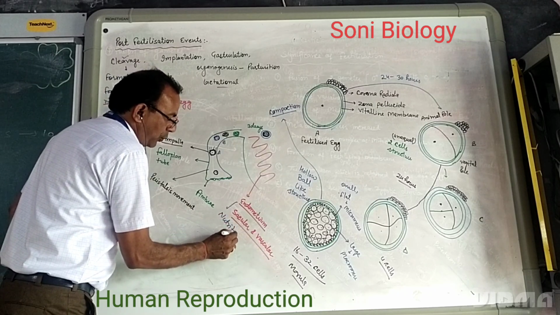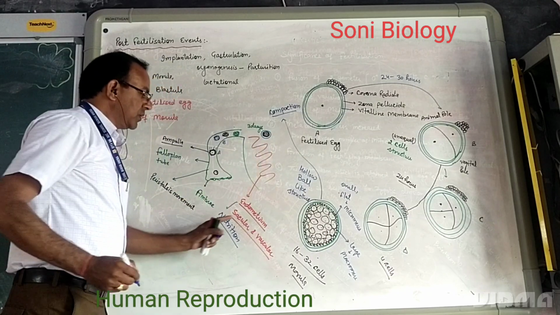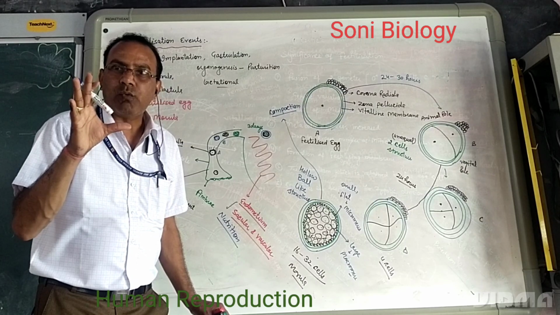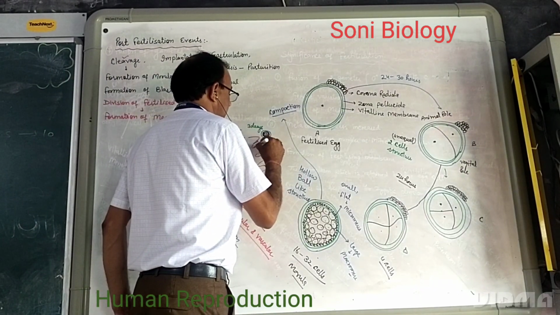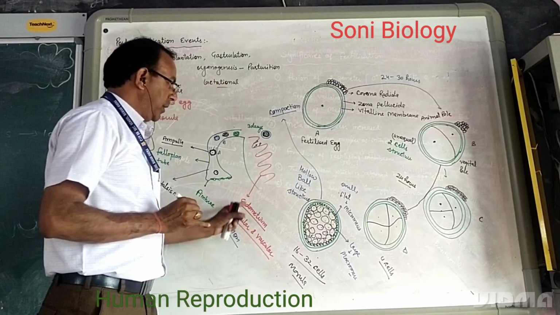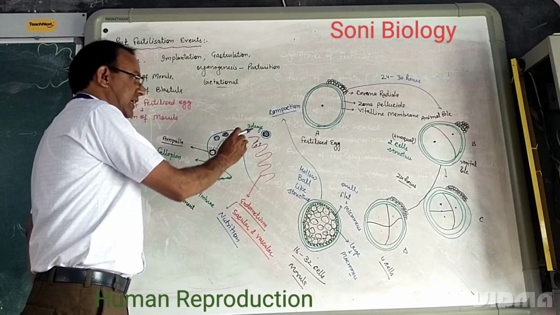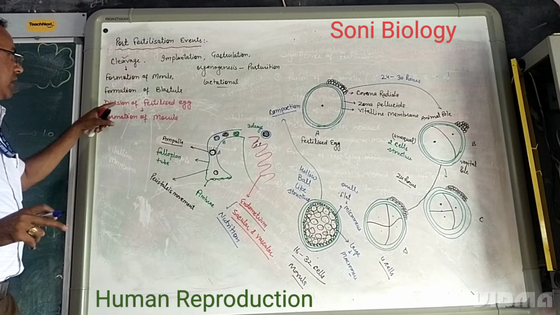It secretes some nutritive substances. So the fertilized egg comes closer to the endometrium, and the cell size increases. Why does the cell size increase? The nutritive substances passing from the endometrium enter into the fertilized egg. So the cell size increases. Compaction we will discuss in the next part.